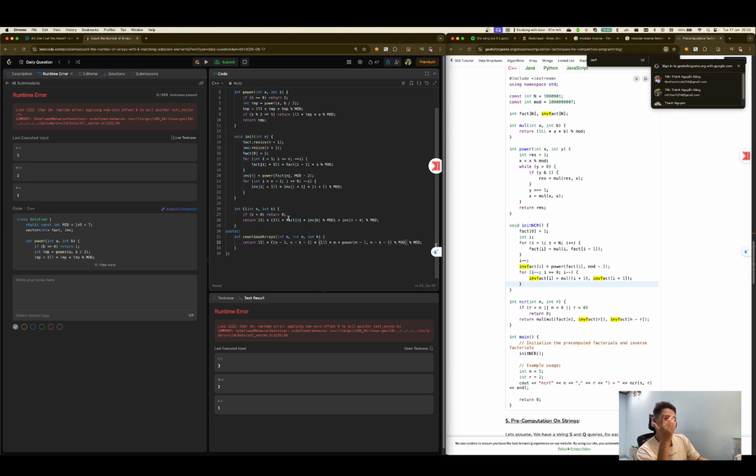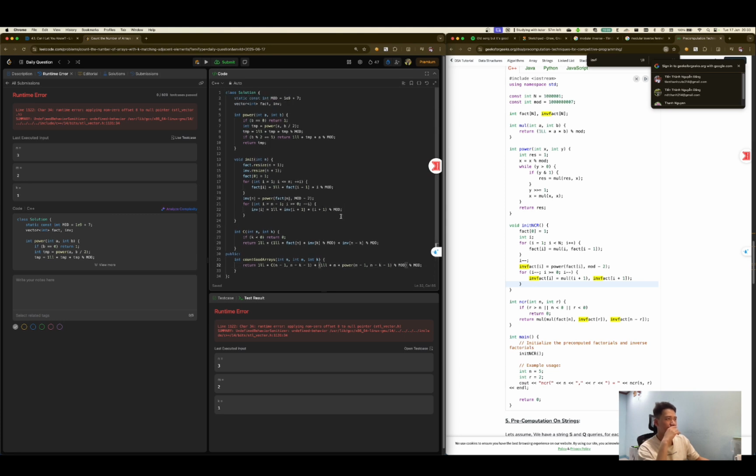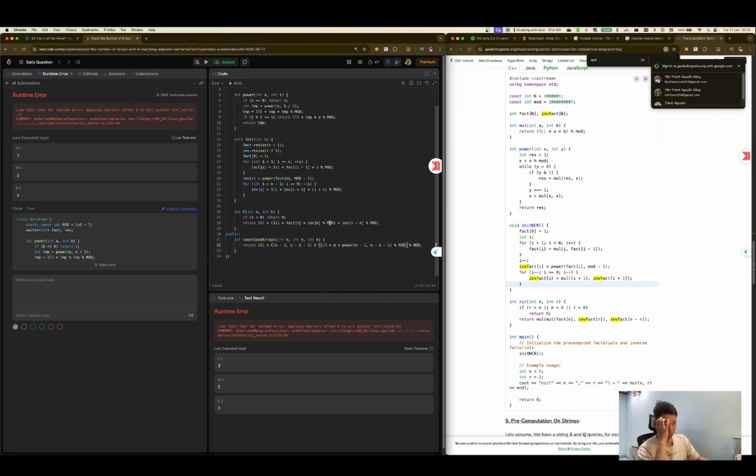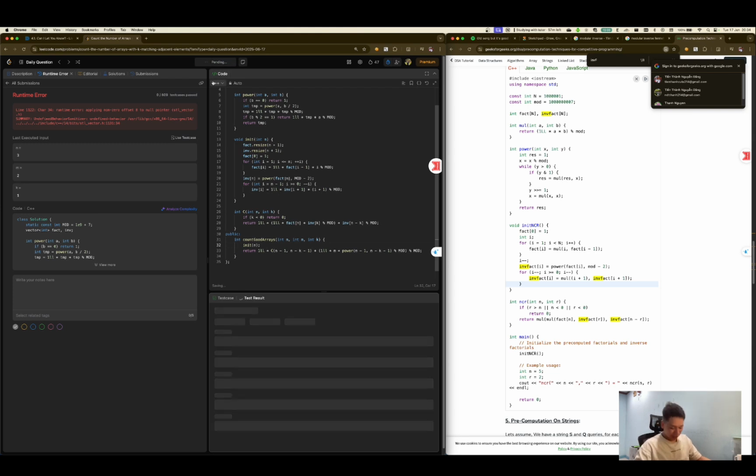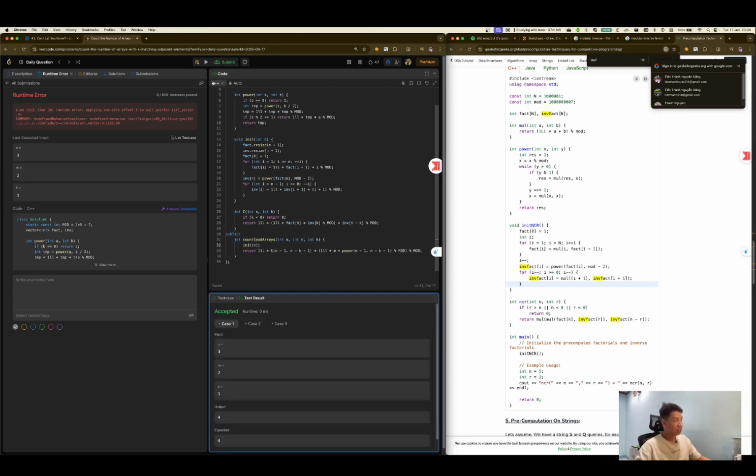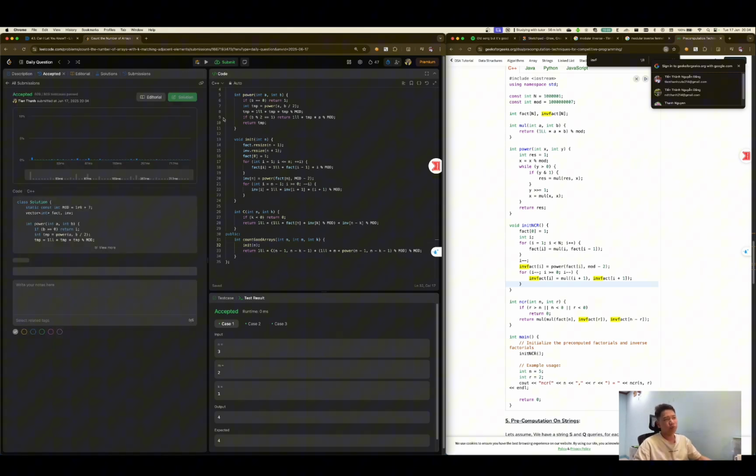It's like applying non-zero offsets to a null pointer. What do you mean by null pointer? Okay, I just forgot to initialize. Too many mistakes for a night. I have something more to do tonight. It's way too much time fixing a silly bug.